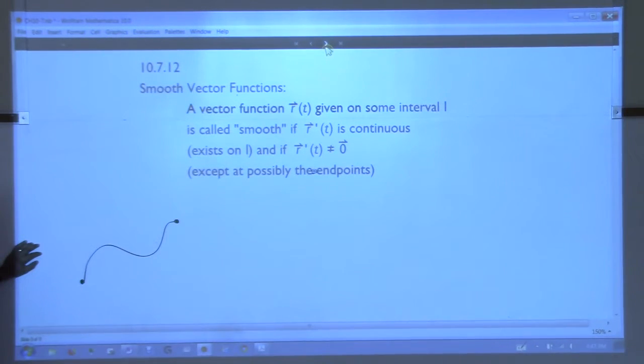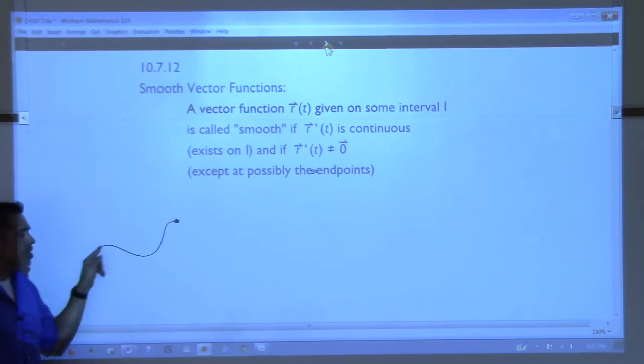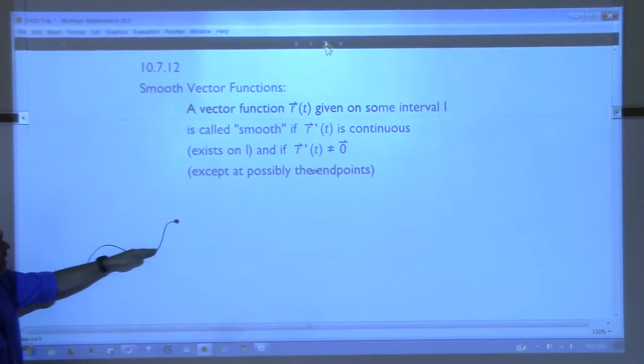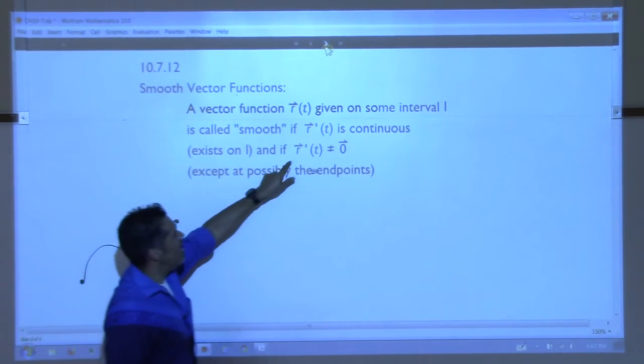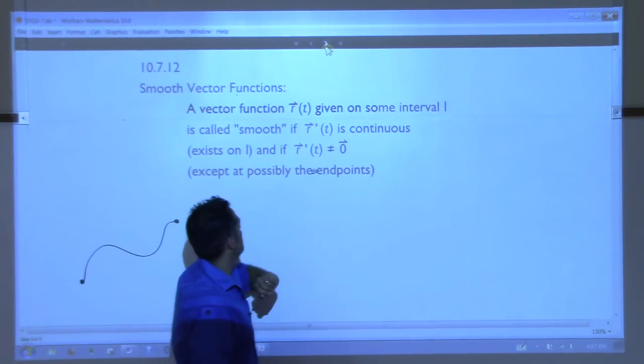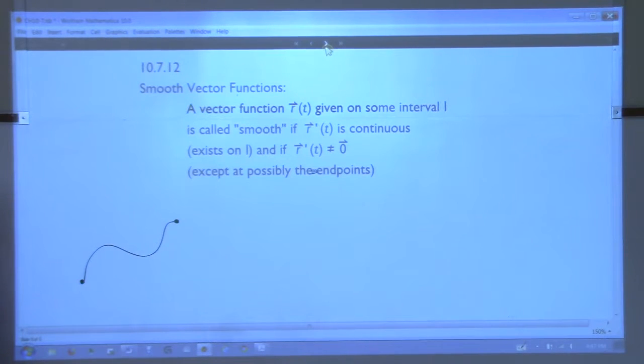So that means that when you take the derivative, it is well defined on this curve. So within this interval, you don't have any division by 0 or square roots of negative numbers. So long as the derivative of the vector function is well defined, and the derivative is not the 0 vector, except at the endpoints, then we will say it's smooth.